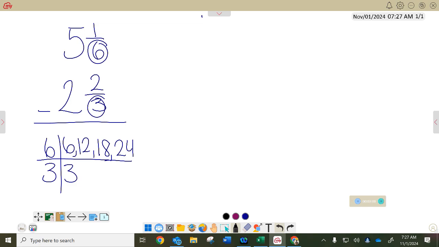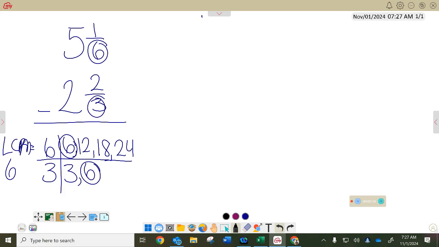There's no match, so we keep going. 3 times 2, the next multiple is 6. And we see that we have a match of 6 as a least common multiple. So our LCM is going to be 6, which will also be the common denominator we're going to work with.